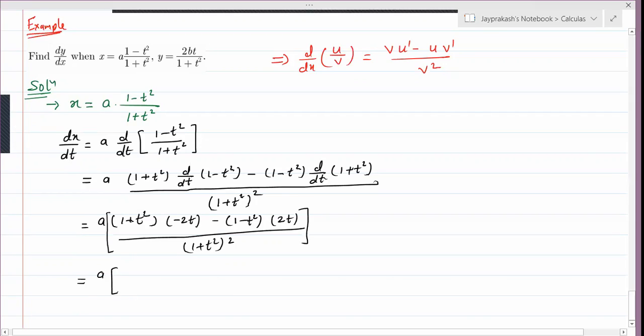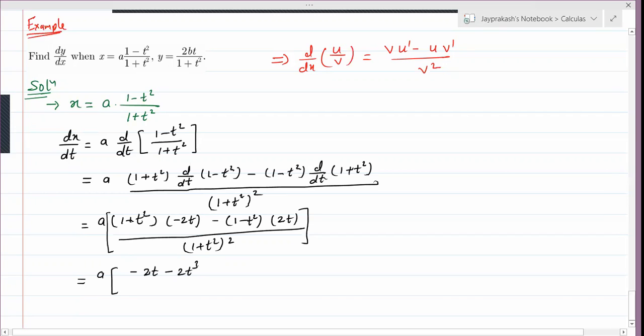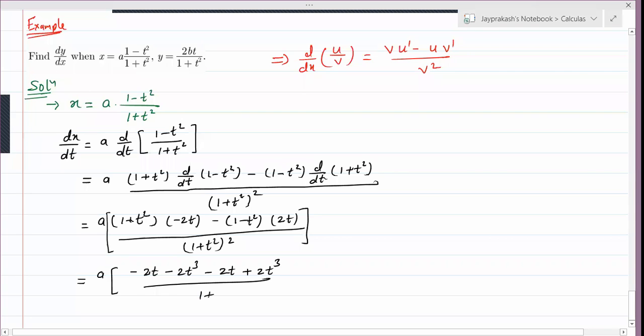A, it will be minus 2t minus 2t power 3 minus 2t plus 2t power 3, and (1 plus t square) whole square.